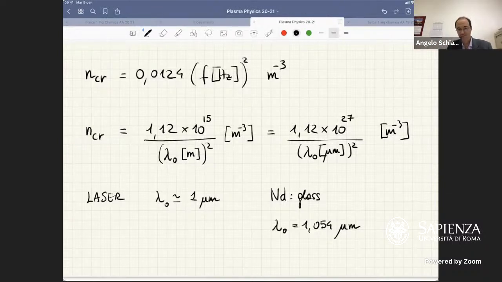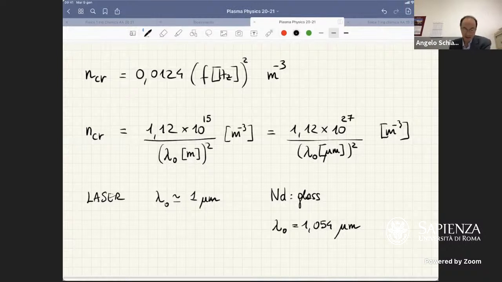So our eye actually cannot see it. For instance, a green light is around 0.4 of a micrometer, so 400 nanometers, and this is in the visible.